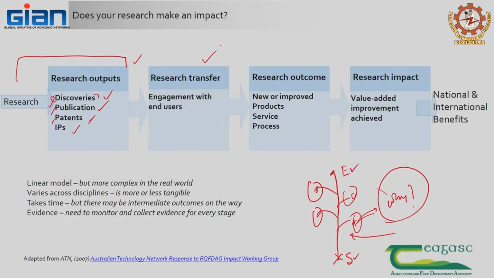So, once you have research output, next comes research transfer, that is engagement with the end user. Once you have created a process or a technology, then you have to engage with the end user. The end user can be your consumer, customer, or business to business, depending upon the stakeholders.